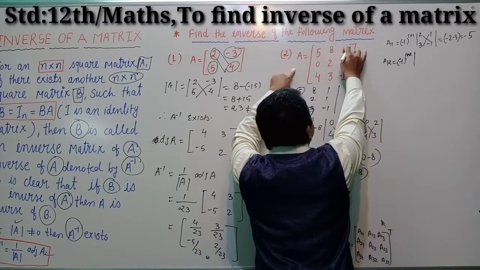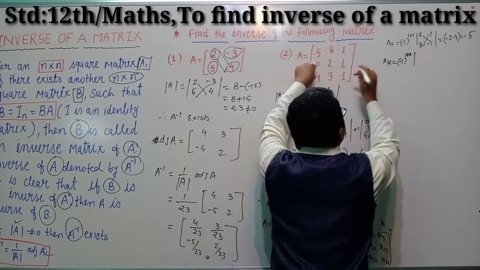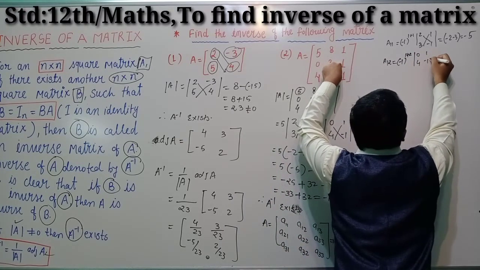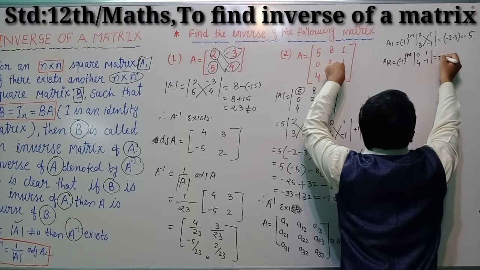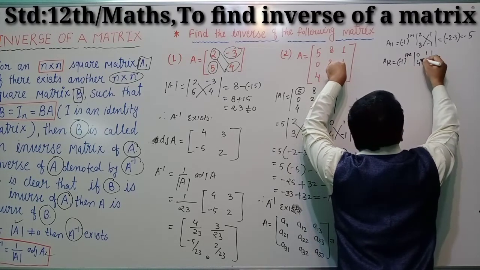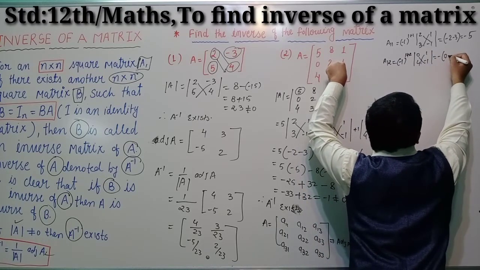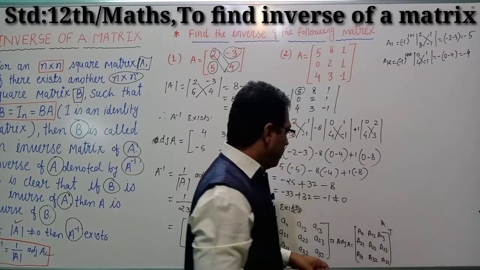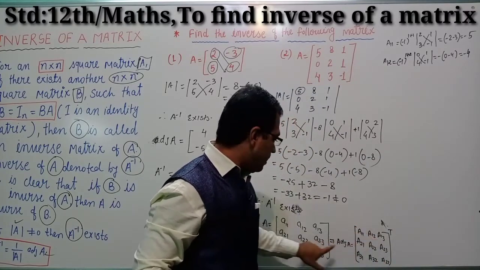So do not write this element and these elements. You will write 0, 4, 1, minus 1. So here you are getting minus, because minus 1 to the power 3 means minus, cross multiplication, 0 minus 4. So minus 4.